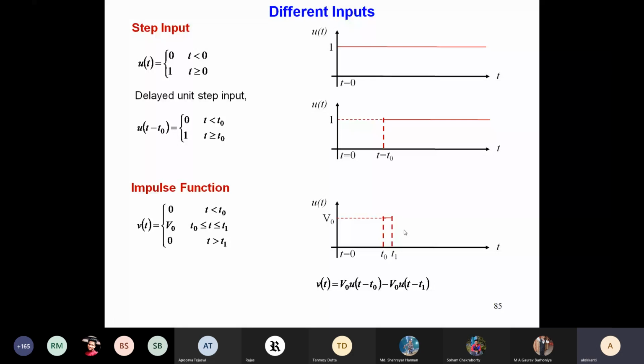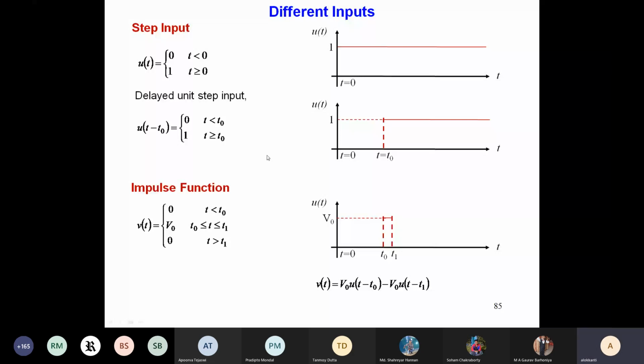So this is basically a combination of two delayed inputs. One delayed input is this, see the second figure: u(t minus t naught), a delayed input applied at t equal to t naught.